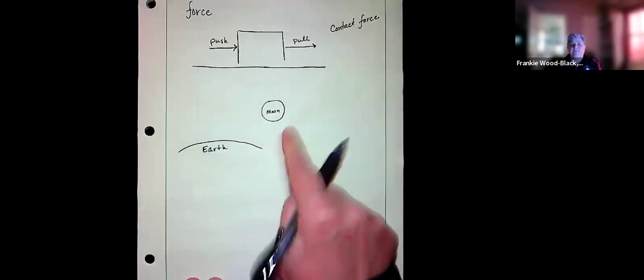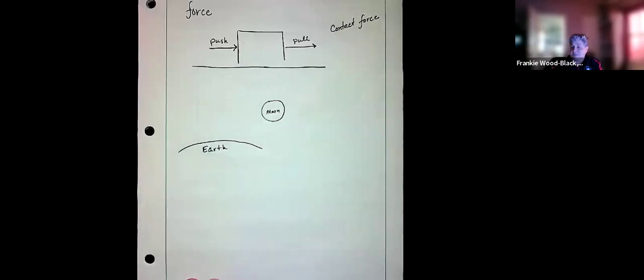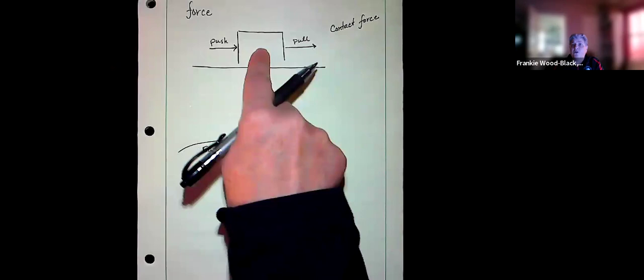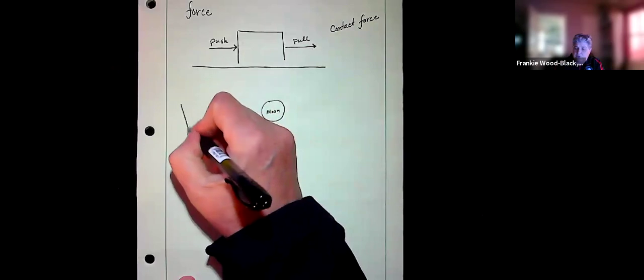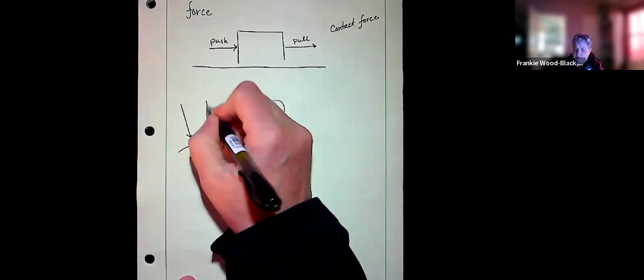So why is the moon and the Earth sitting there as a separate system? Well, that's a different kind of force that we have. It's still a force, and actually Newton's universal law of gravitation is just a special condition of our forces, but this we can also refer to as a field force.